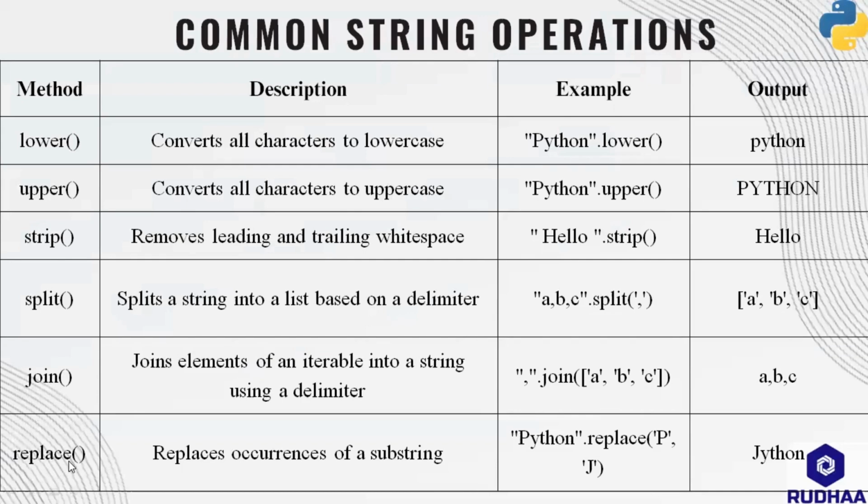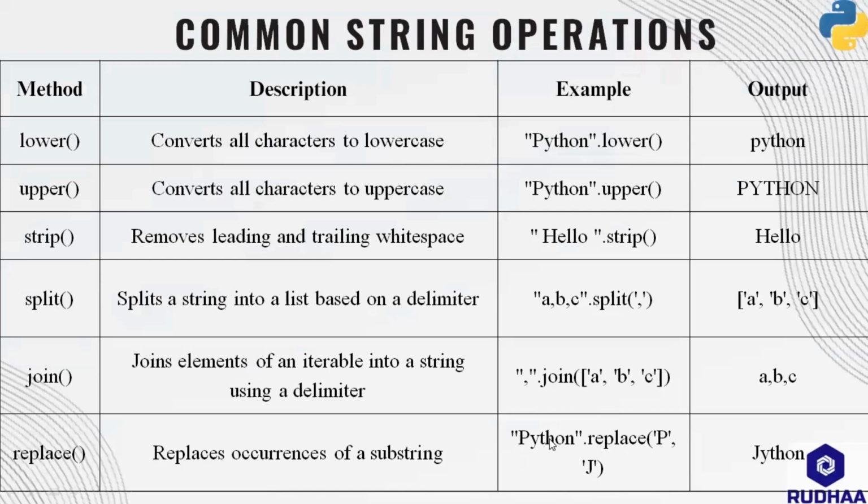Replace means replacing the occurrence of a substring. So you can replace any character that is present in the string. So here python dot replace p comma j. That means p is already present, that is to be modified as a new character, that is called replace.